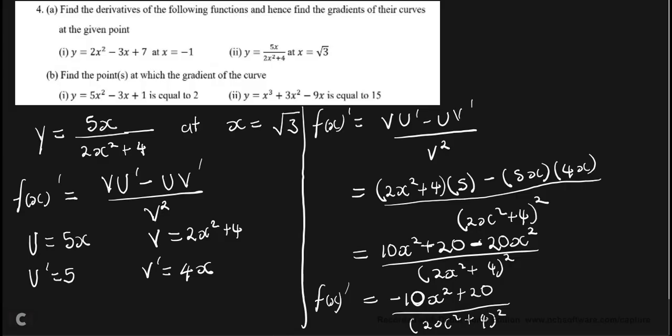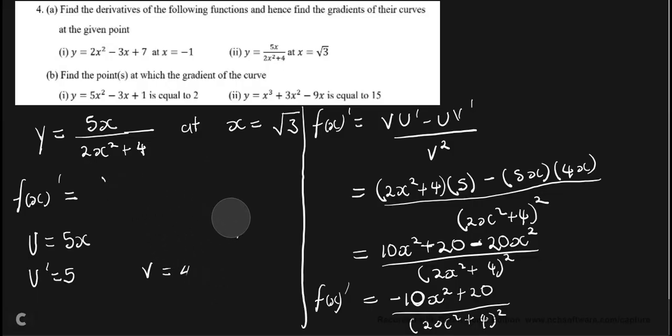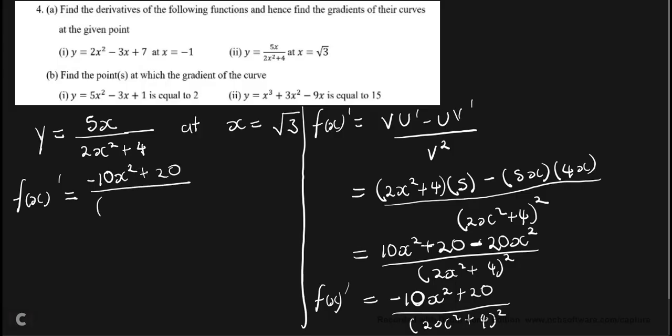Then from there, after you have found your f prime of x, or the derivative of that equation, which is 10x squared plus 20 over (2x squared plus 4) squared, like that.